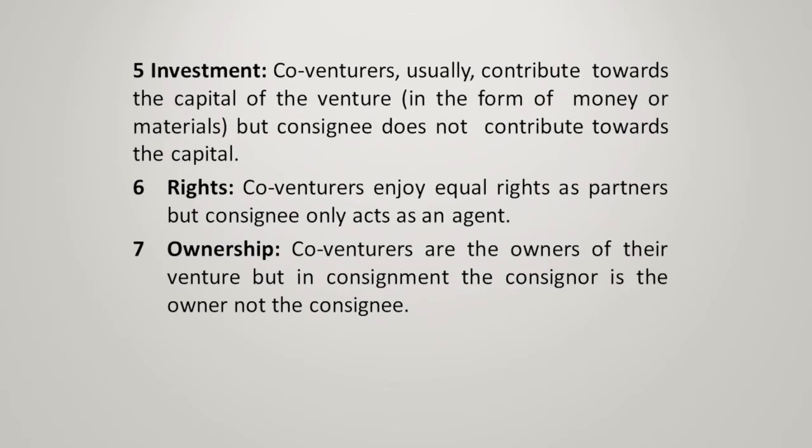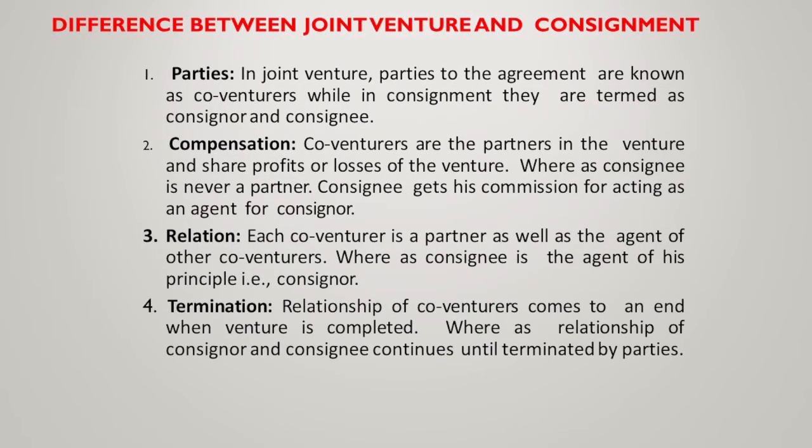But in case of consignment, the consignor has the right on his stock, even though it is at the consignee's place. So who is the owner? The consignor is the owner. But the consignee is not an owner. He is an agent who will work for the consignor, who is his master or principal. Okay, so that is the difference between consignment and joint venture.